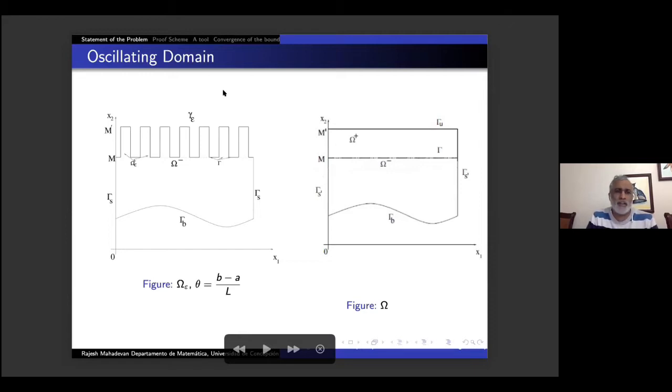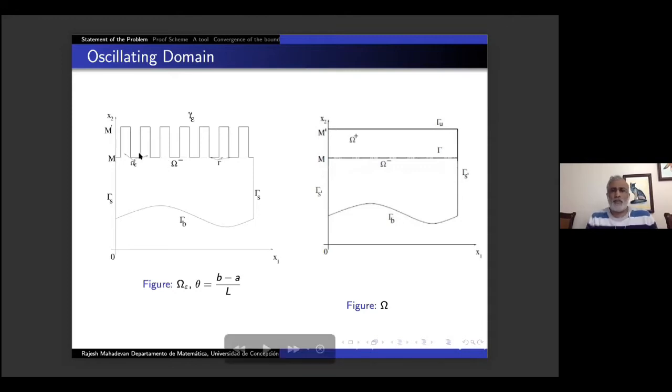Typically the domain has a region which doesn't show much oscillation, which is omega minus, below, and then there are teeth-like structures on the top part of fixed height, of height of scale 1, let's say. These are like brush or teeth-like structures that we saw in the series of lectures by Francois Murat.